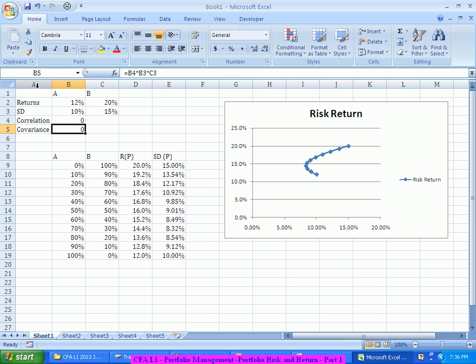there are two possibilities. If I am looking at it from a return perspective, for each return there is only one risk. But look at it from a risk perspective, for each risk, in some cases there are two returns.